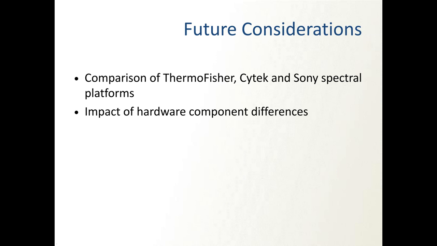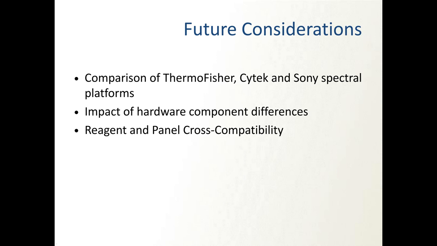I know Bigfoot uses photomultiplier tubes, Cytek uses photodiodes, and I believe Sony uses its own special photomultiplier tube with its own dispersive array. So those are three different light detection methodologies. Are they having an impact on the differences?